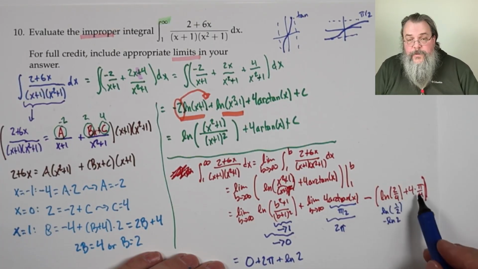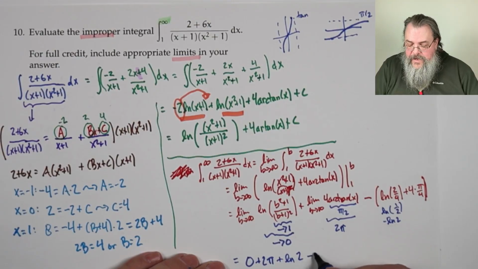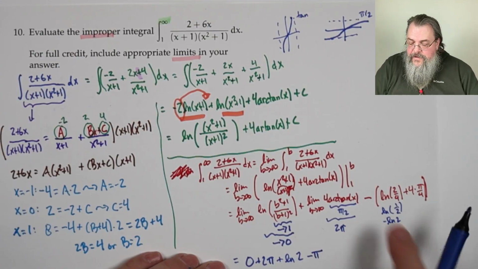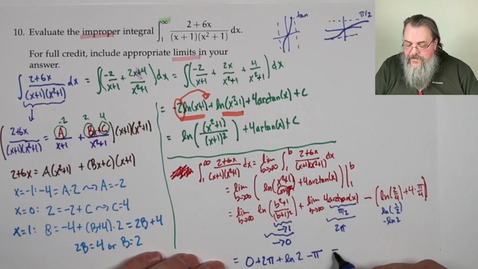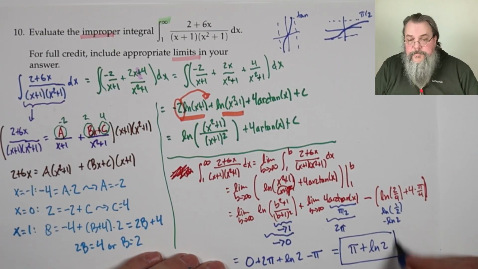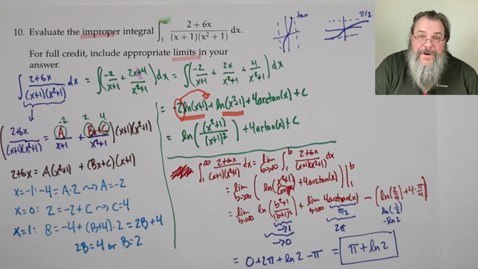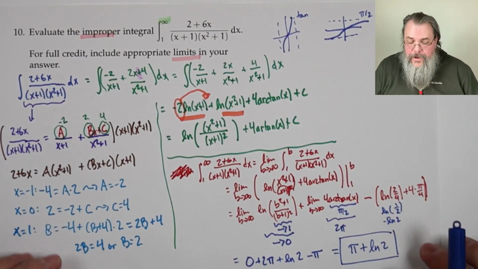Then we have minus 4 times pi over 4. Well, that's minus pi, because the 4's cancel. The 2 pi minus pi leaves us with pi. Then we have plus natural log 2. So our answer is pi plus log 2.